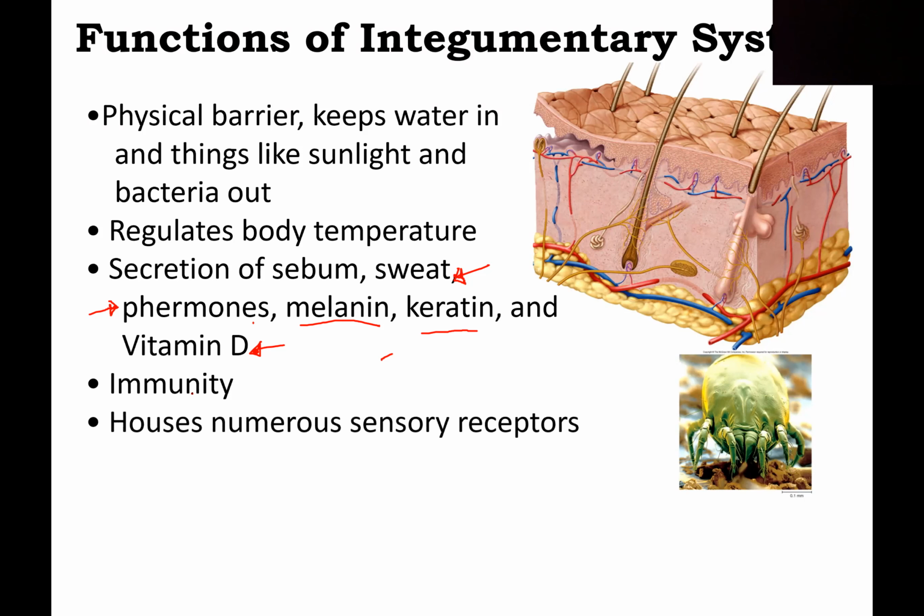The skin houses numerous sensory receptors. You have thermoreceptors detecting temperature. You have pain receptors, or nociceptors is their true name, scattered throughout. And that's why a paper cut typically hurts worse than a deeper cut, because you've got more nerve endings when you disturb the epidermis and beginning of the dermis.